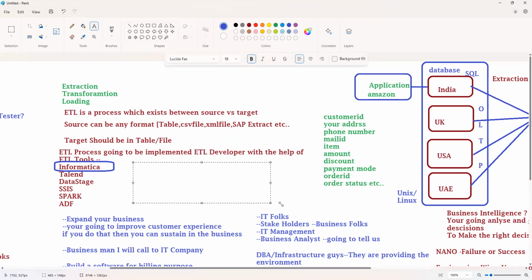One is the database. If you want to interact with the DBMS or RDBMS, you should know SQL well.